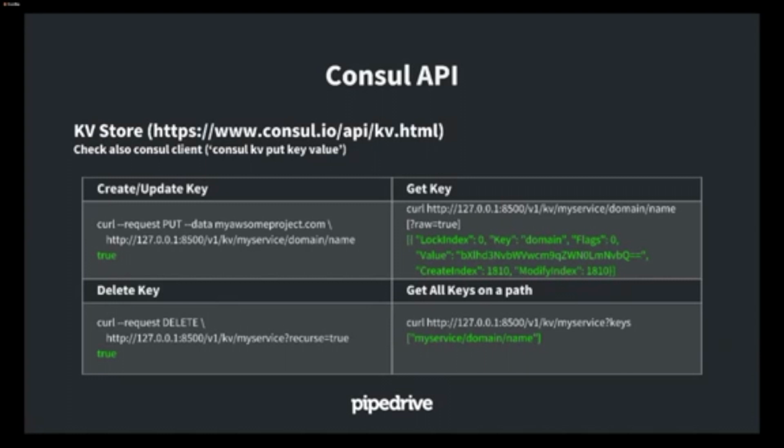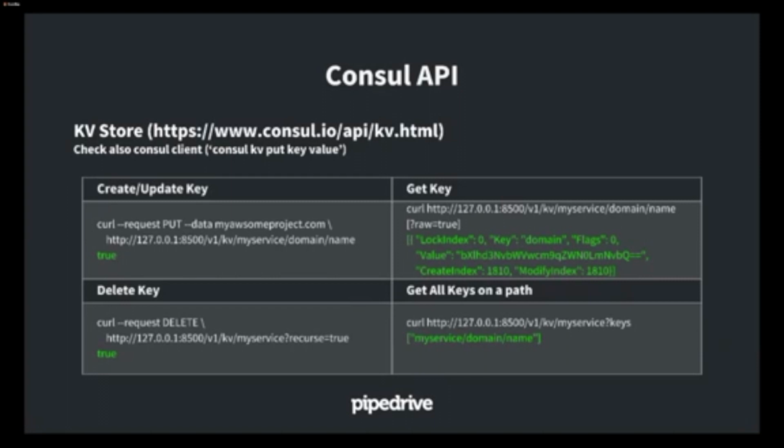So every time I need to fetch the key, I can fetch it directly with curl. You can do this, or you can use any Consul client to do this. Consul has its own client, so you can use consul on a command line to store that information.